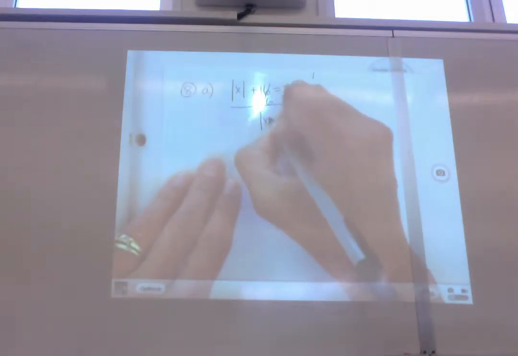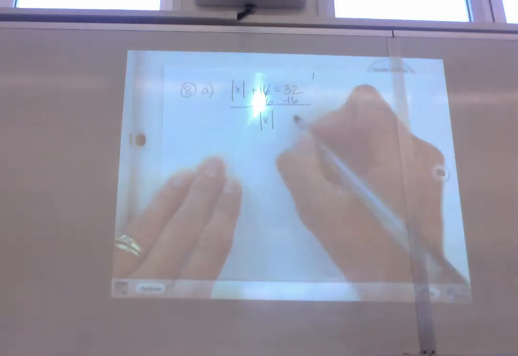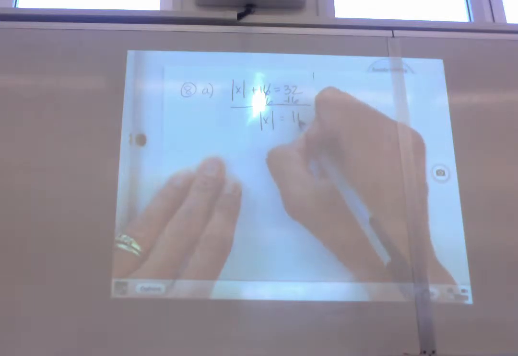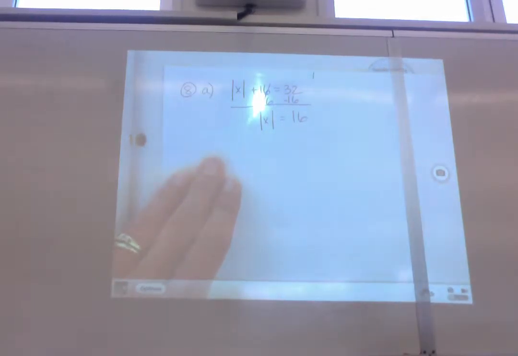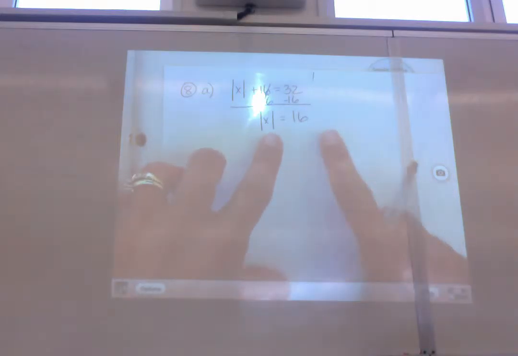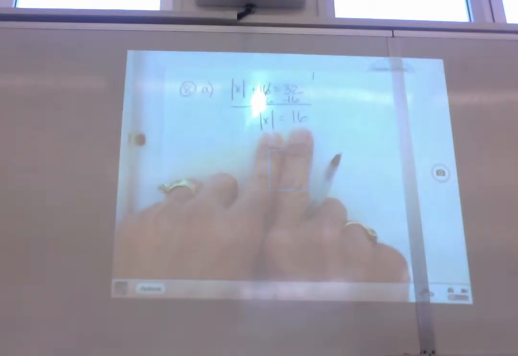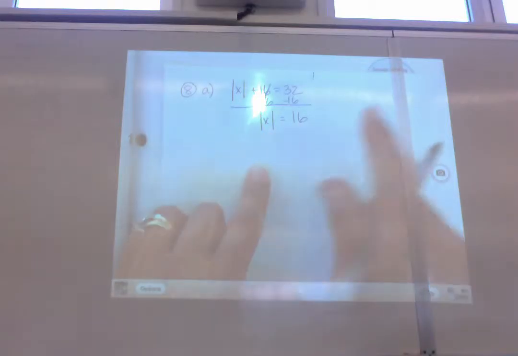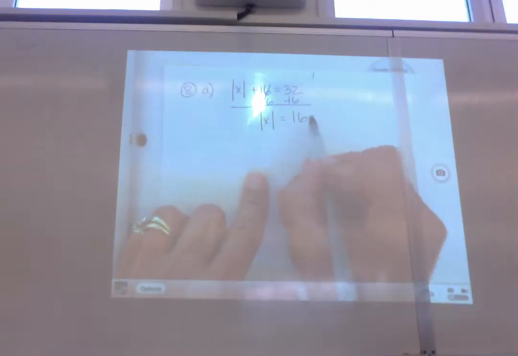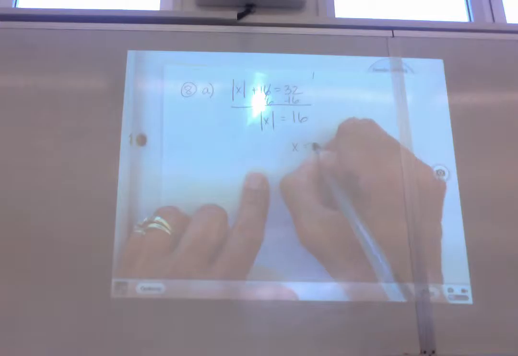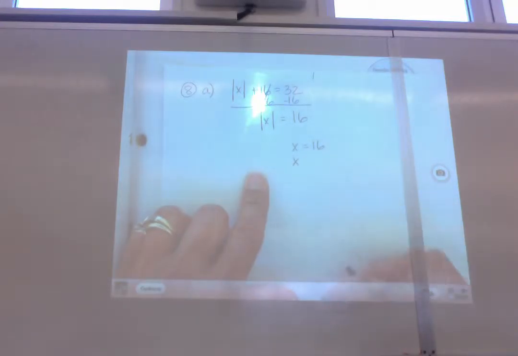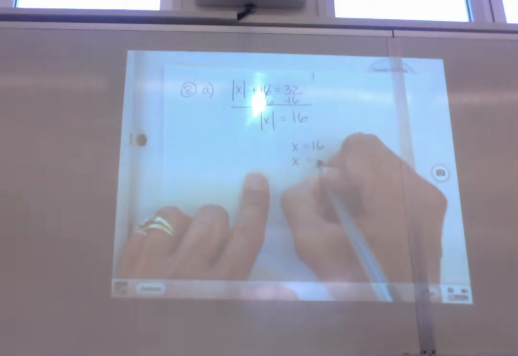Absolute value of x is left on this side, and 32 minus 16 is 16. Now this problem looks like some of the ones we've done before. If absolute value of x equals 16, there are 2 answers. One of them is 16. What's the other one? Negative 16.